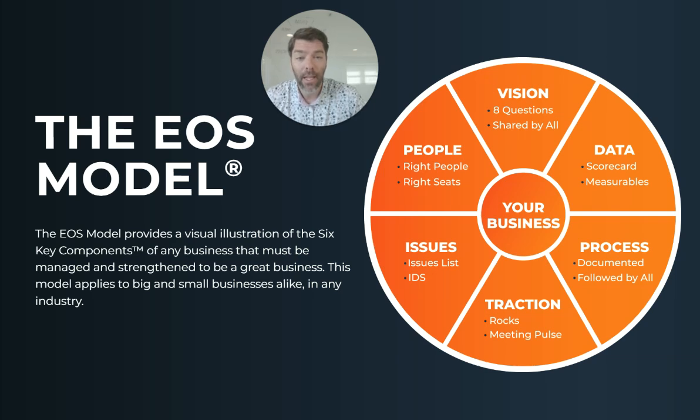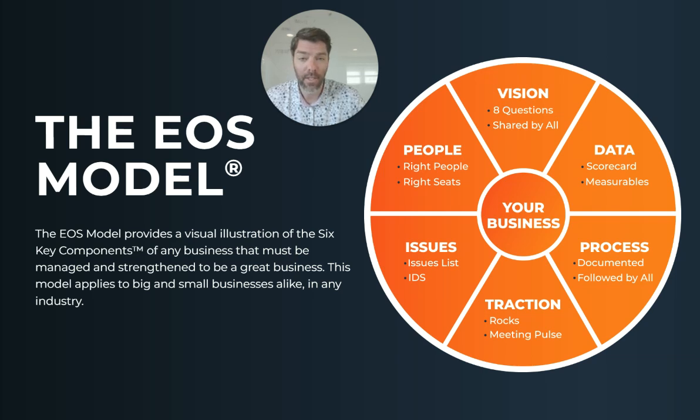Through answering 8 strategic questions, starting with core values, through core focus and a 10-year target, you're able to get aligned around where you want to take your business. And what team member doesn't want to understand the plan, doesn't want to know where we are going with this? The idea is to get the team aligned, rowing in the same direction, all pulling on the same rope together. That's the vision component.